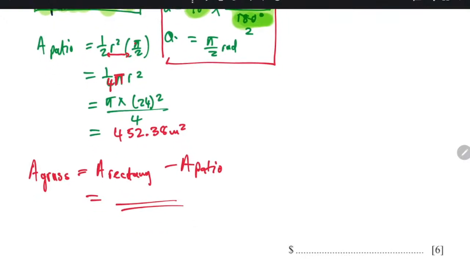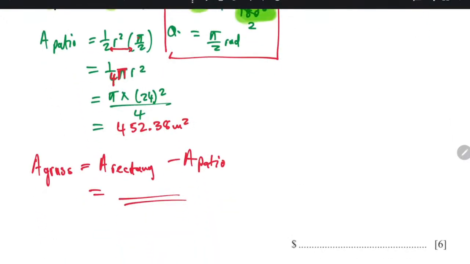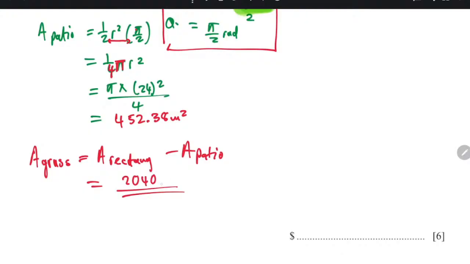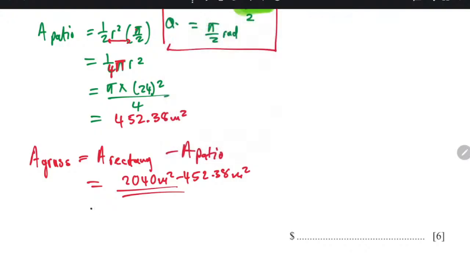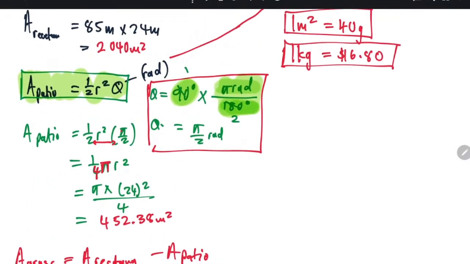Now we say it is 2040 square meters minus 452.38 square meters. If you don't do what we agree on, I'll be the most disappointed person. What do you get? 1587.62 square meters.